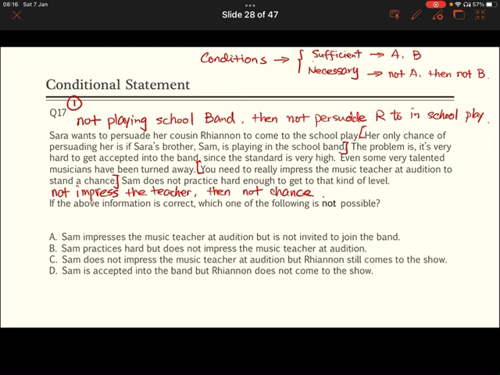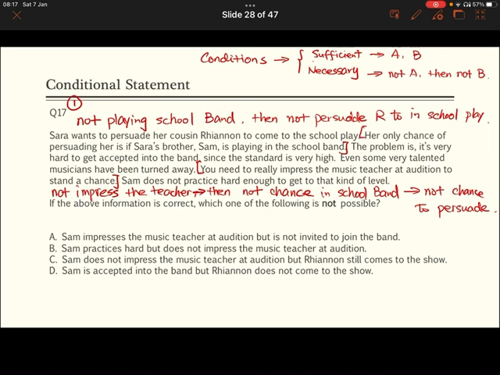Connecting them together, no impressing the teacher means no chance in the school band, and no chance in the school band means no chance to persuade. That is how we use the necessary conditions.